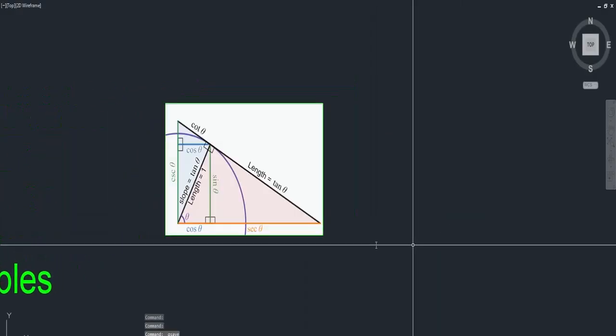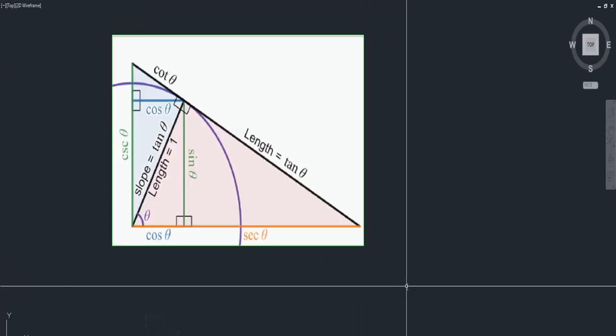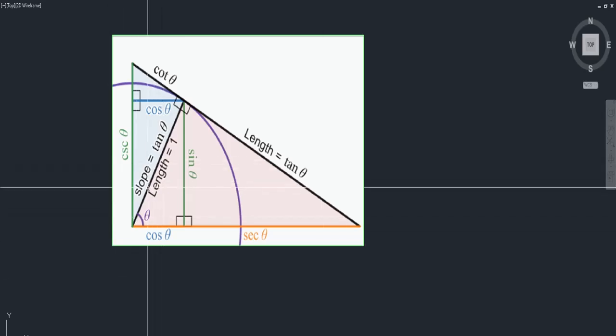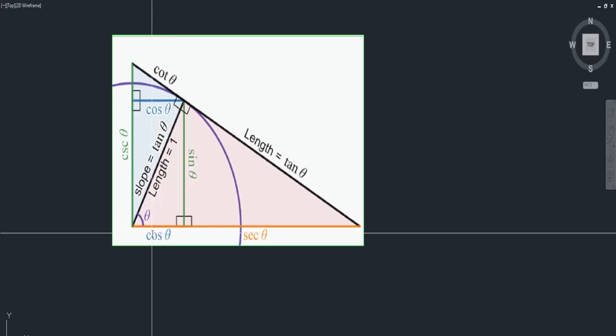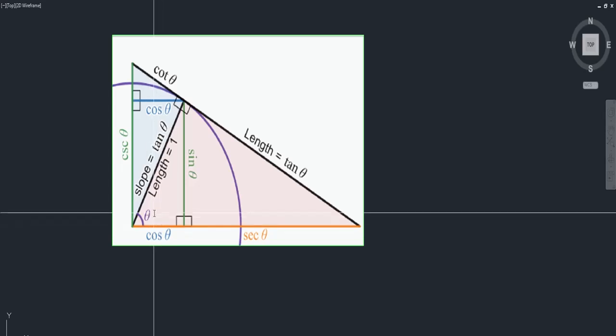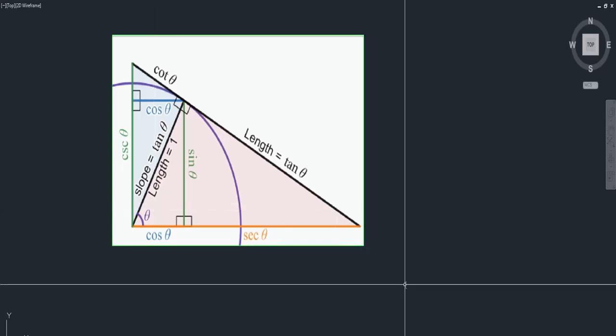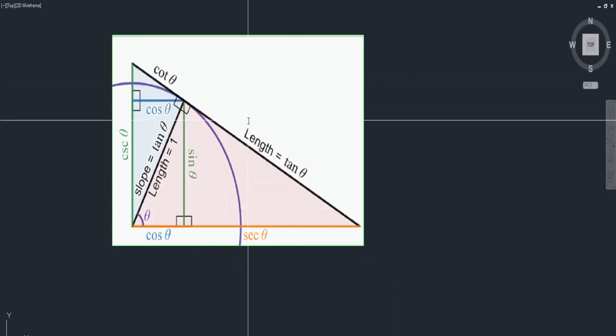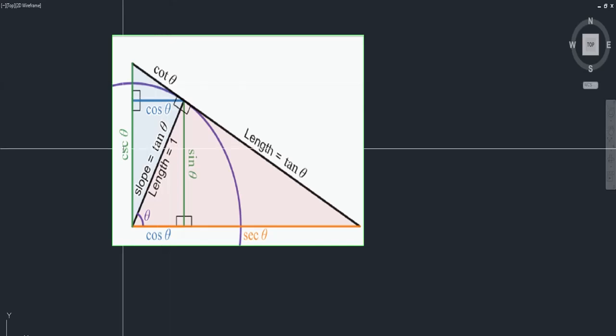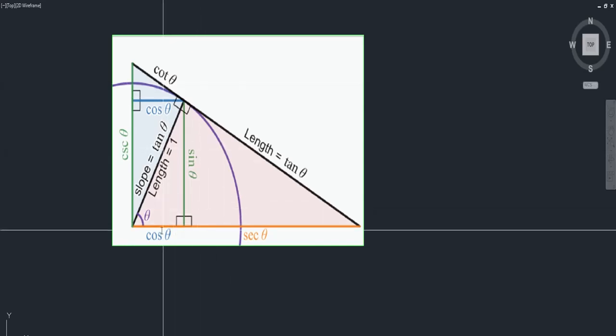First of all, we have to understand this triangle where one particular line segment which has a length 1 is taken as a standard, that is, L is a given line segment. Then we can see that 6 things are there: tan theta, cot theta, cosec theta, sec theta, cos theta, sin theta.